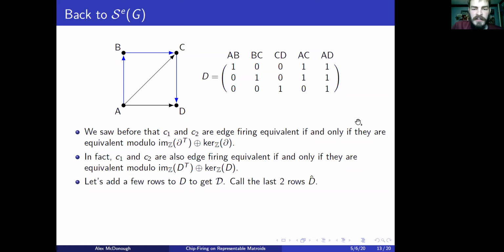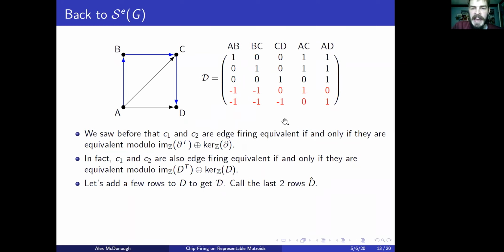So let's add 2 more rows to D to get fancy curly D. And we're going to call these last 2 rows D hat. We're going to make them red. And the way that we're going to add these rows is we're going to take this matrix. So we start with the identity over here. We're going to take the part after the identity, and we're going to take the negative transpose of this matrix, and then we're going to put it down over here.